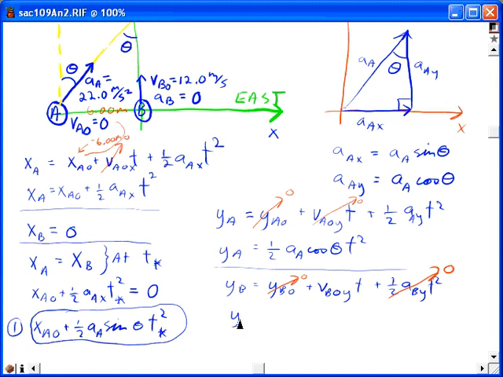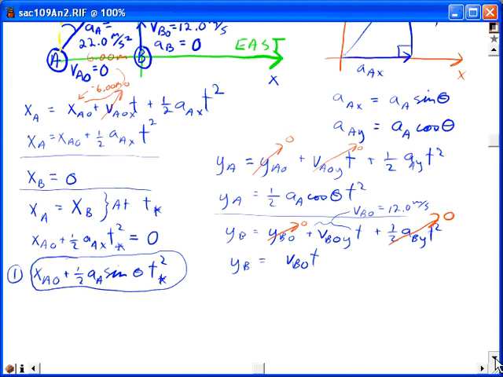So y sub B is just VB0. This is this quantity right here. Since the thing's moving strictly along the y-axis, this is the same thing as VB0, which, by the way, is the 12.0 meters per second. We might need that later on from right up there. So I'll just call it VB0 and say times t.